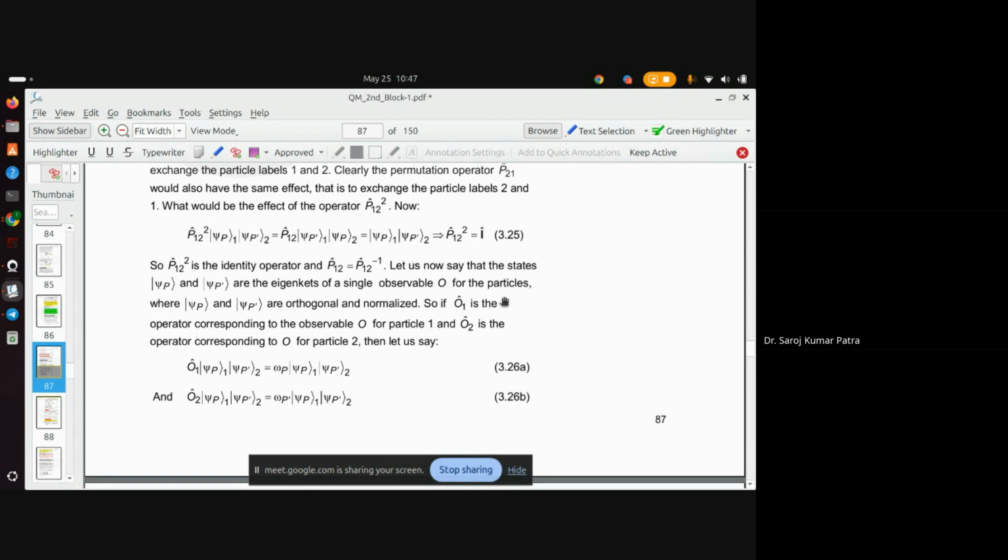If O1 is the operator corresponding to observable O for particle 1 and O2 is the operator corresponding to O for particle 2, you can take, instead of O, let's say energy H1 and H2. So the total observable is H, energy. For the first one it will be H1, for the second one it will be H2. For a general discussion, operator 1 and operator 2 are taken.